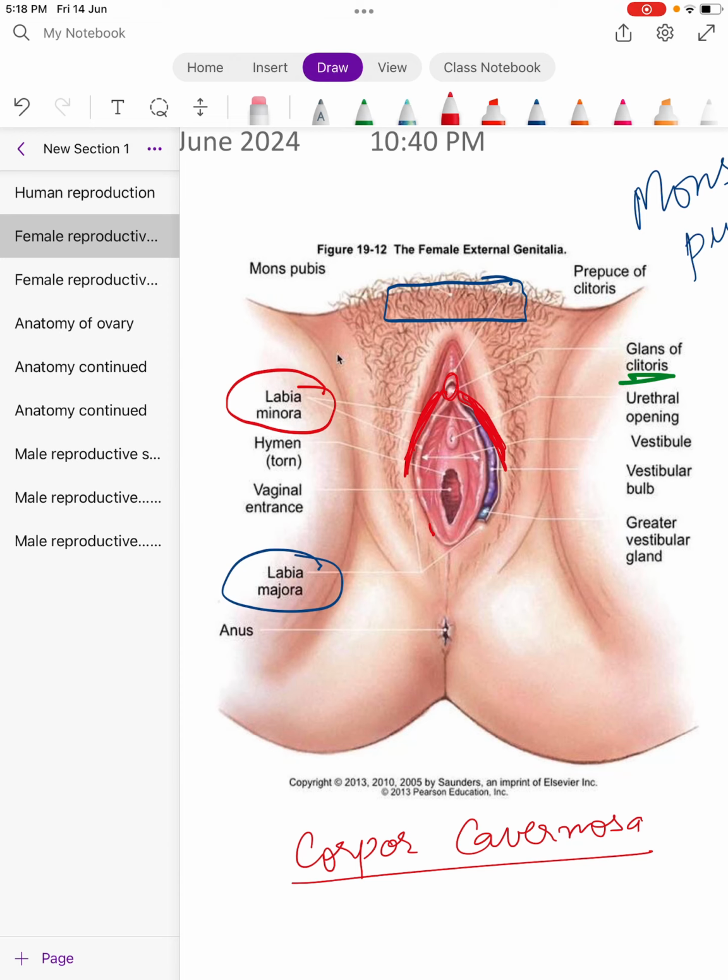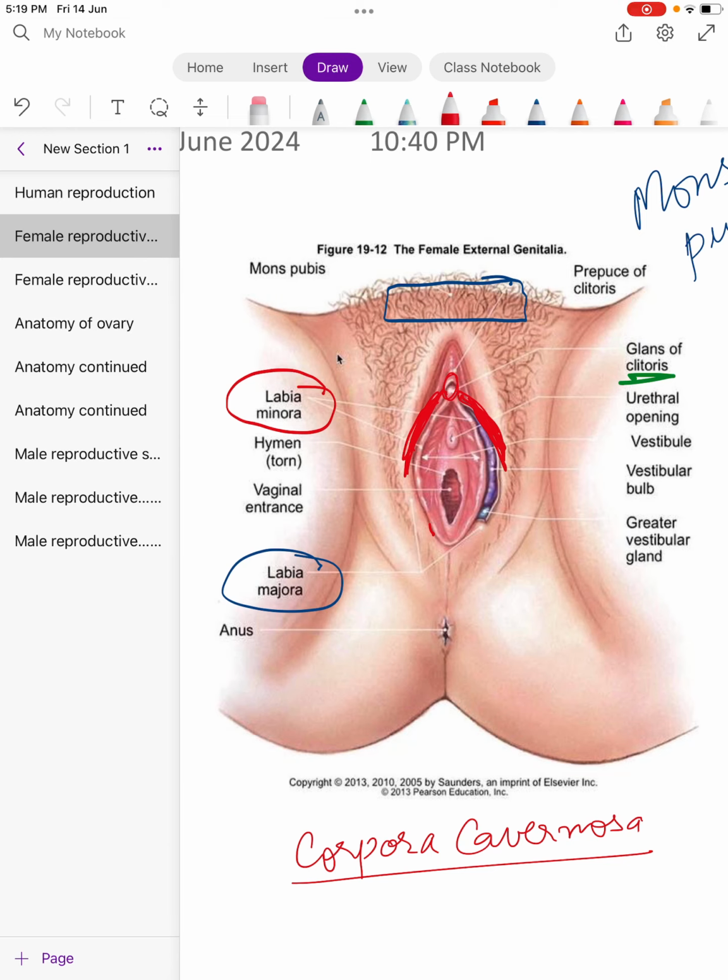As we studied earlier in the anatomy of the penis, the two dorsal spongy tissues are known as corpora cavernosa, and the two columns of the clitoris are equivalent to the corpora cavernosa.